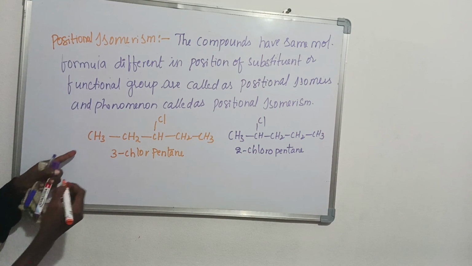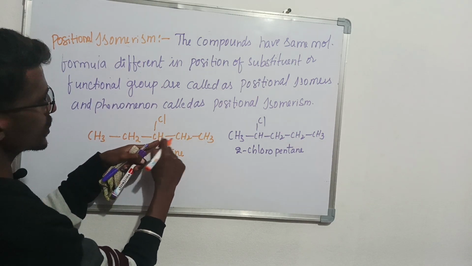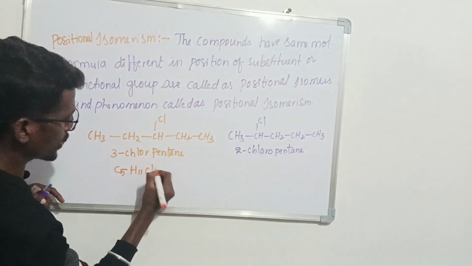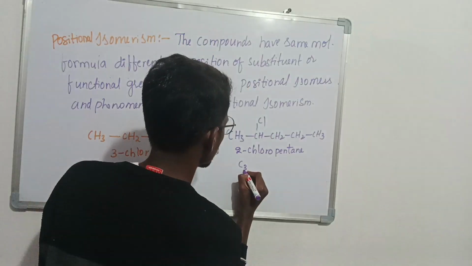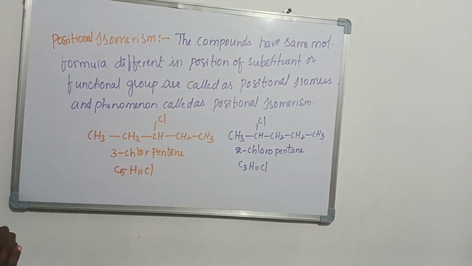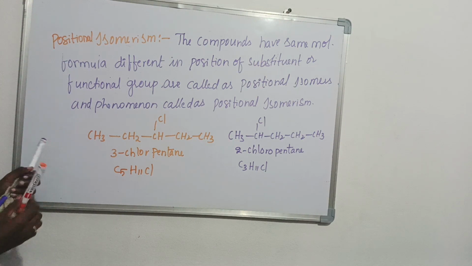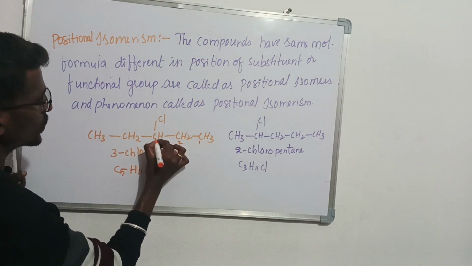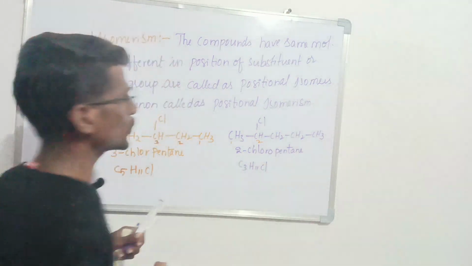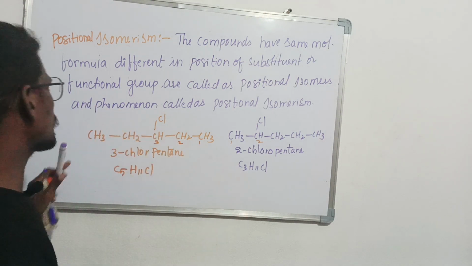So it is the same molecular formula. When we see it, C5, and hydrogens 3 plus 2 is 5, 5 plus 1 is 6, 6 plus 2 is 8, 8 plus 3 is 11: C5H11Cl. Same for both. So the same molecular formula, different in position of the chlorine: 2-chloropentane and 3-chloropentane.